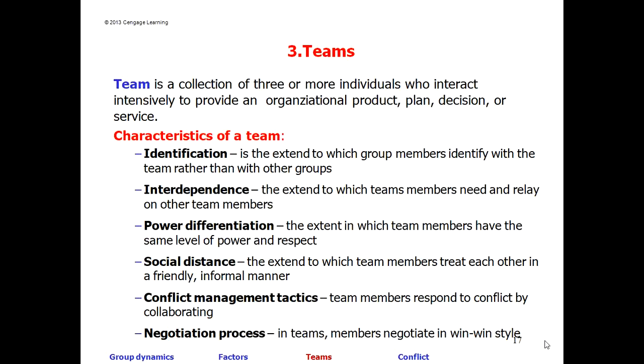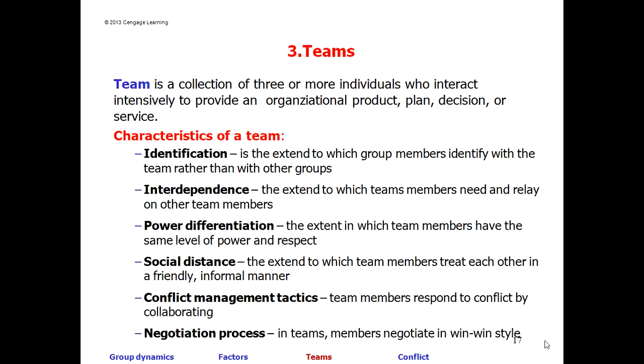So identification is the extent to which a group member identifies with the team rather than the groups. Interdependence, to which the team member needs and relies on other team members. Power differentiation, extent to which team members have the same level of power and respect.